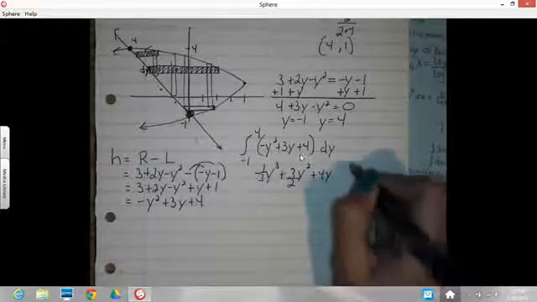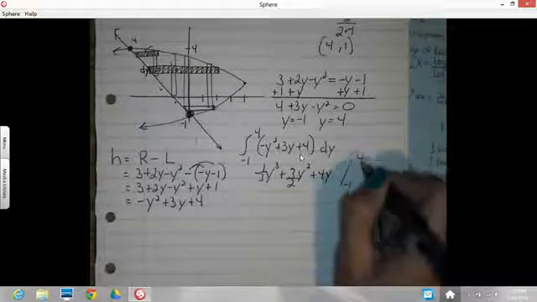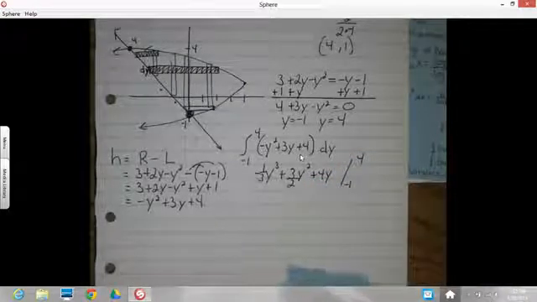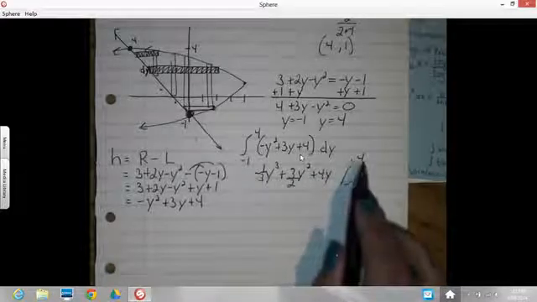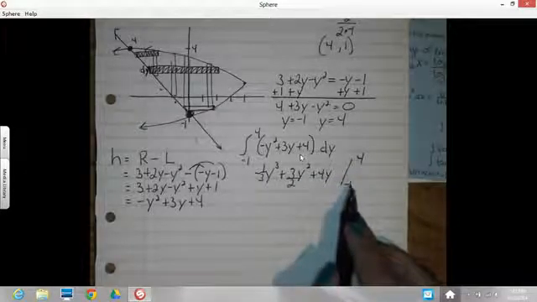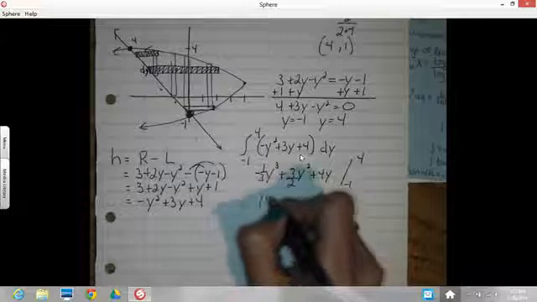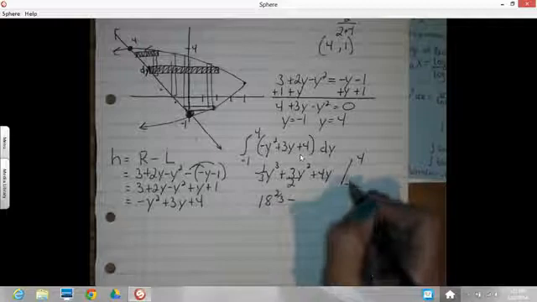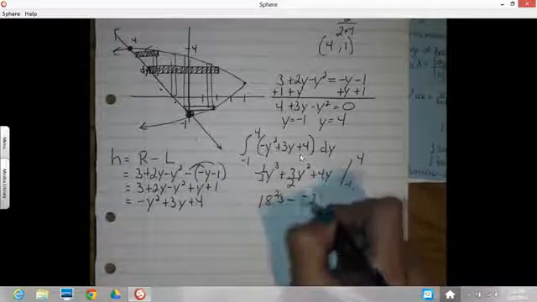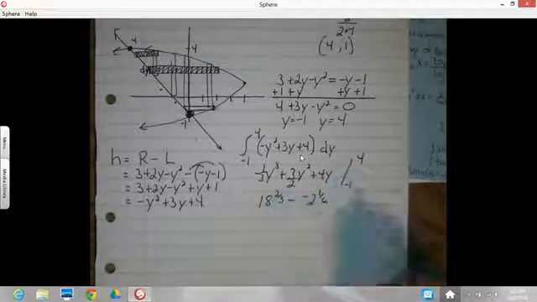So you can type it into your y equals, use your table, 4 and negative 1. You're going to get 18 and 2/3 minus a negative 2 and 1/6. I did fractions. I probably just plugged them in and did them in my head. You can do whatever you like.